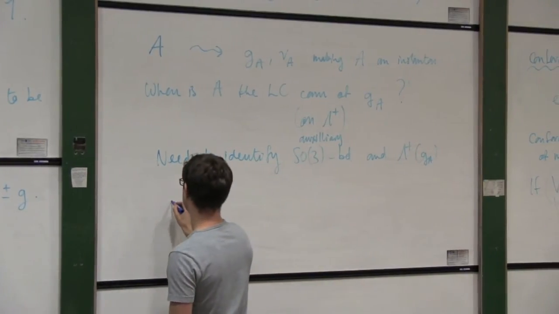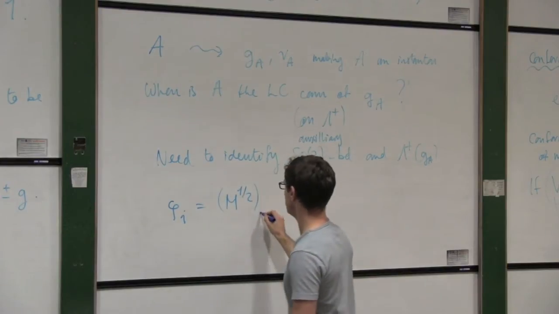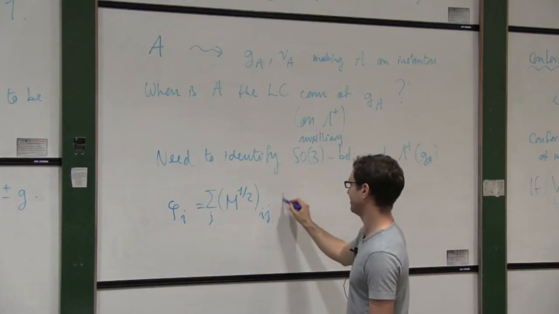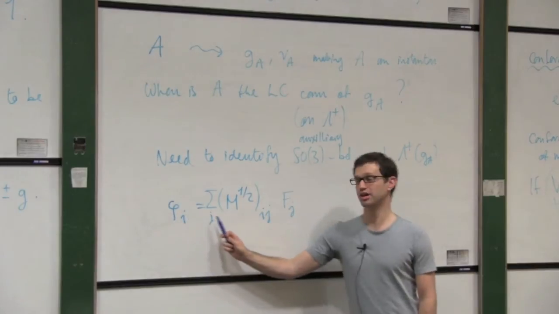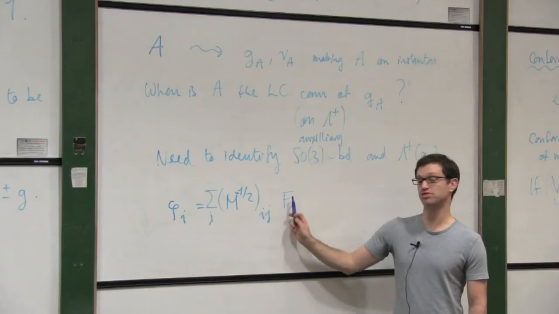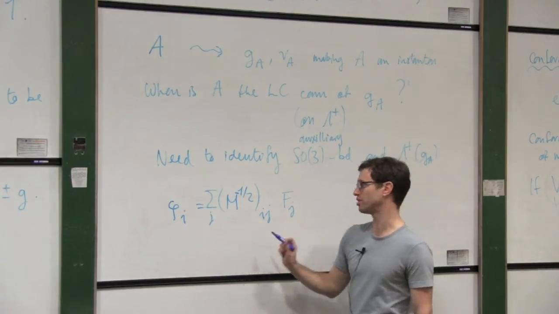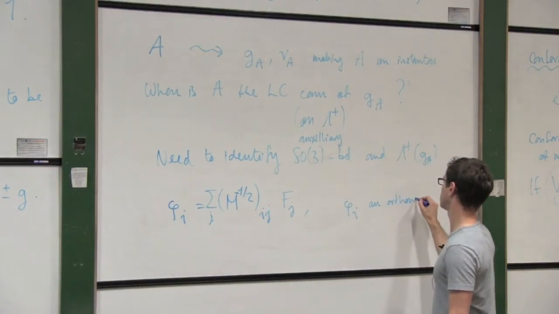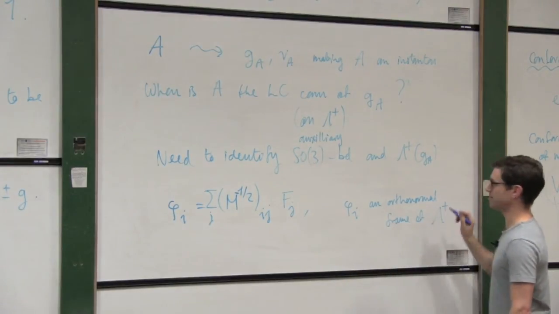So I'm going to write phi I to be m, I take the positive square root of m, ij, and I'm a mathematician, so I'll write a summation sign, fj. Okay? So these guys are now orthonormal because I've corrected for the fact that the f's weren't, by pre-multiplying by 1 over the square root of their inner products. So this is an orthonormal frame of lambda plus.